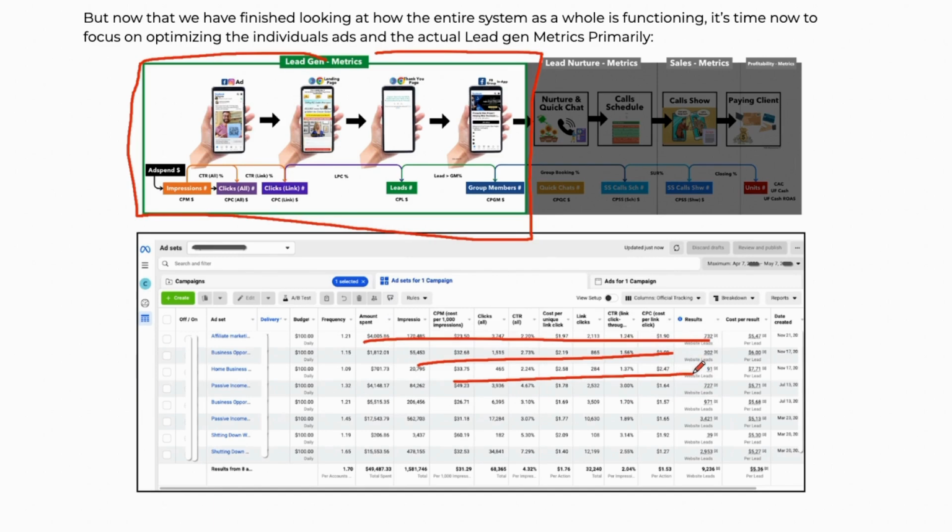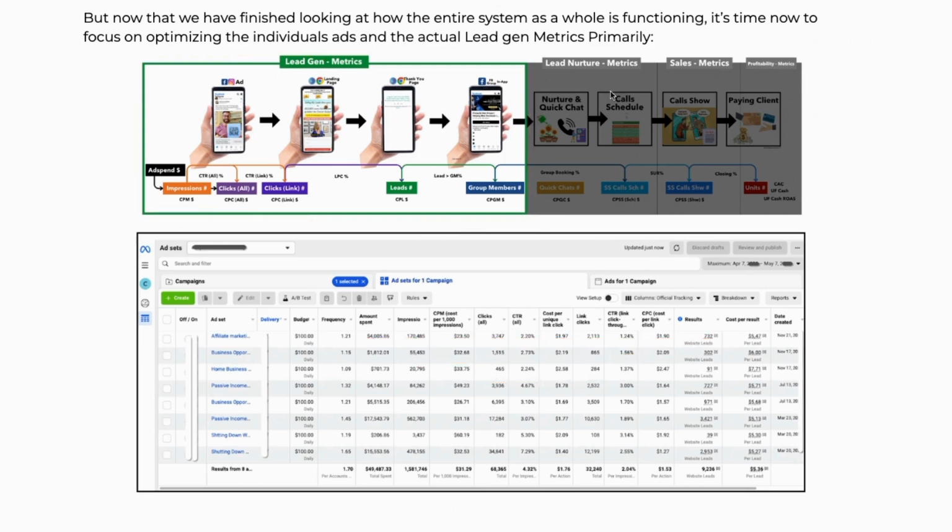But as you can see, the approach we have taken in designing this curriculum is to put the most important pieces front and center, which was profitability, acquisition, and how the entire machine is doing, first and foremost. After that, we zoom in and say, cool, let's now look at the ad sets. Now let's look at the ads. Let's look at each of the pieces that actually make all of that up. That's exactly what we are going to be doing inside of this training section.